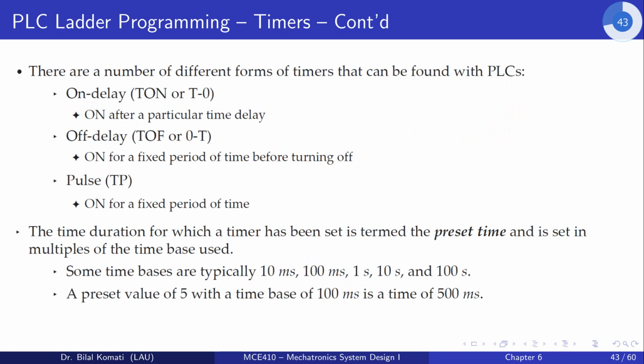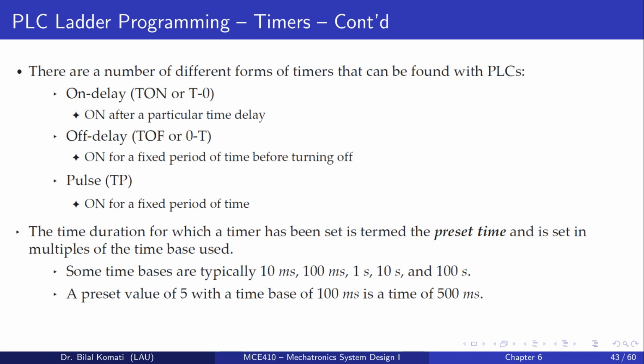Okay, so there are a number of different forms of timers that can be found with PLCs. We have the on delay and the off delay. The on delay is represented by T-on or T-0, and the off delay is represented by T-off or 0-T.